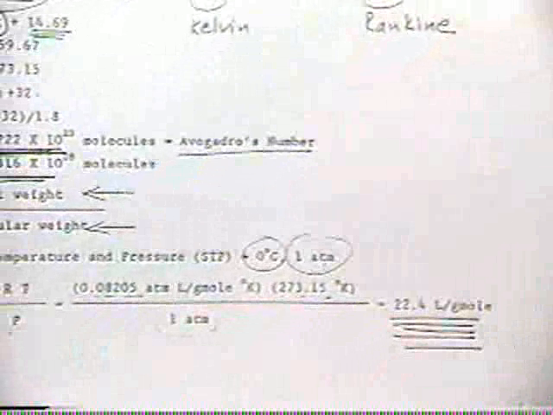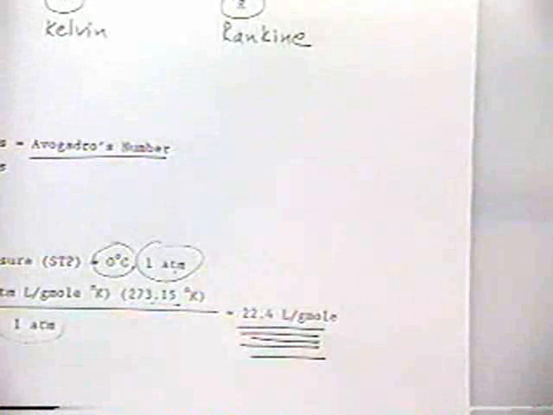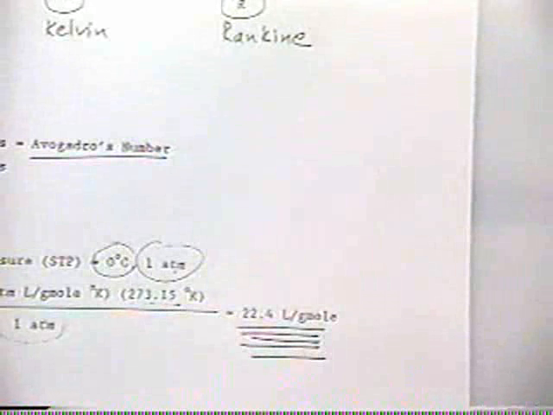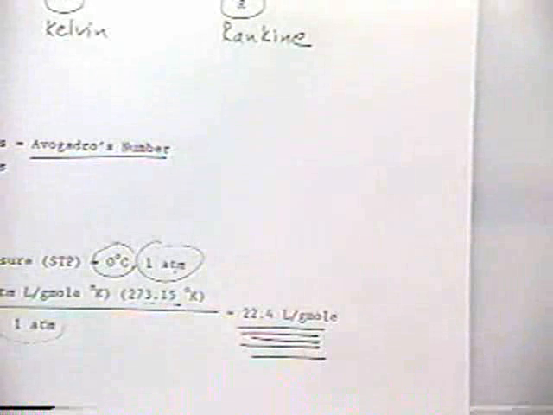This concept is really quite remarkable. Let's say that I have 2 grams of hydrogen. What that means is if I have it at standard temperature and pressure, it'll occupy 22.4 liters. Now, there's a very, very heavy gas called uranium hexafluoride.